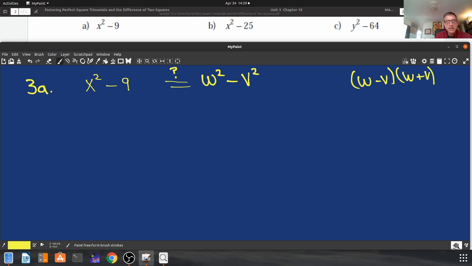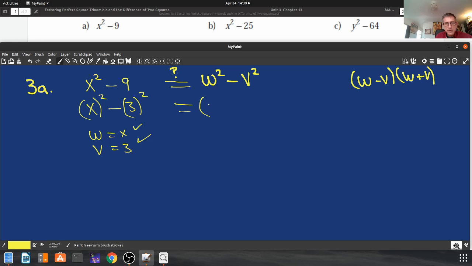That's our factorization. So again, I look and I notice that x squared is x squared and 9 is 3 squared. So w is equal to x, v is equal to 3. I found my two candidates. I'm done. So the answer is yes.